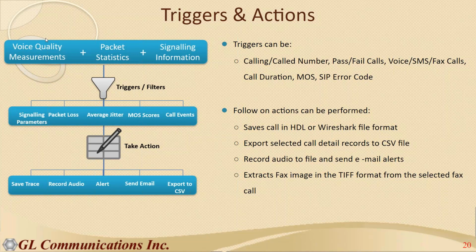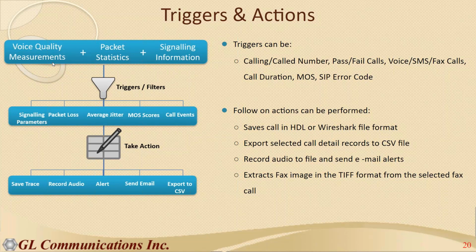From the trigger, you can take an action. Maybe the action is to just pop out an alert. There's an alerts pane in PacketScan, and you can actually see all the alerts popping up. We give you other options as well, like if a trigger happens, immediately record that audio. You can send an email alert. You can export the packets to a CSV file.